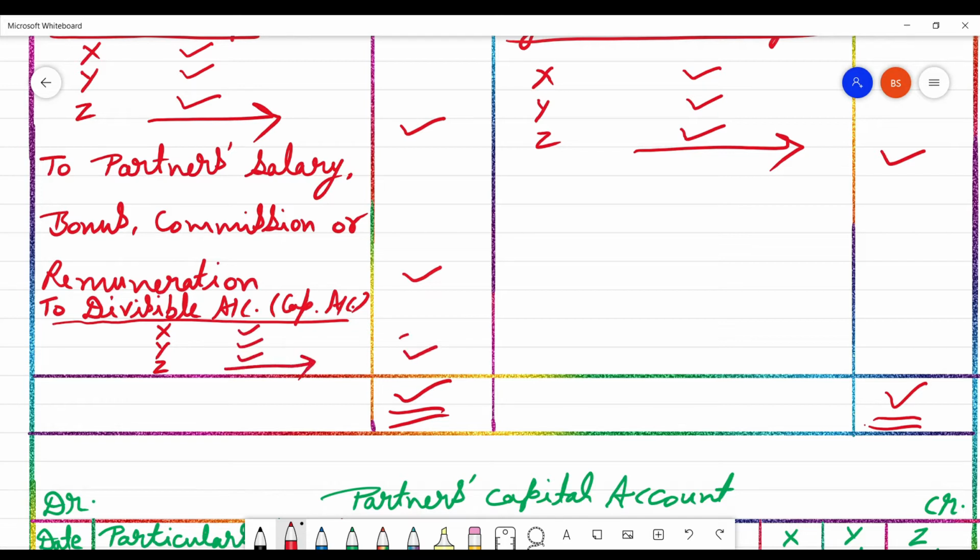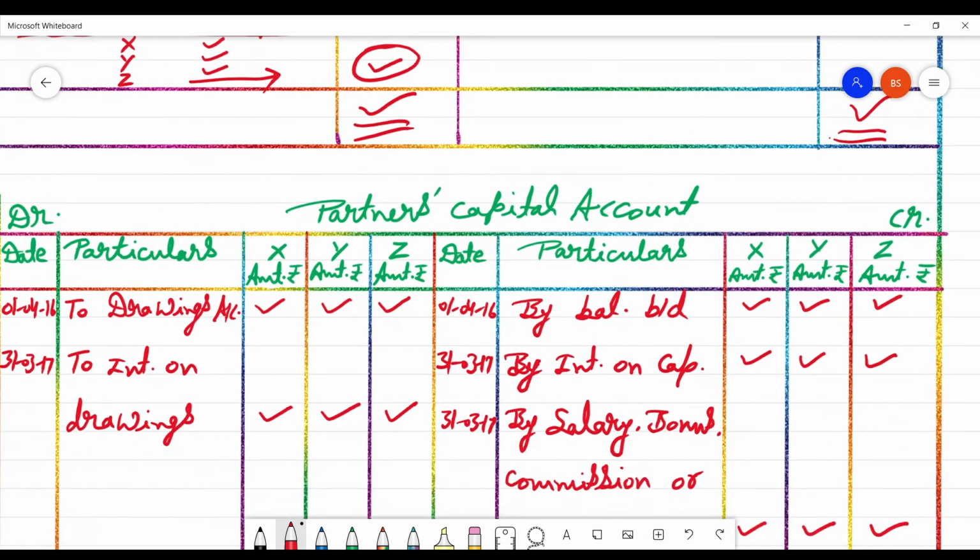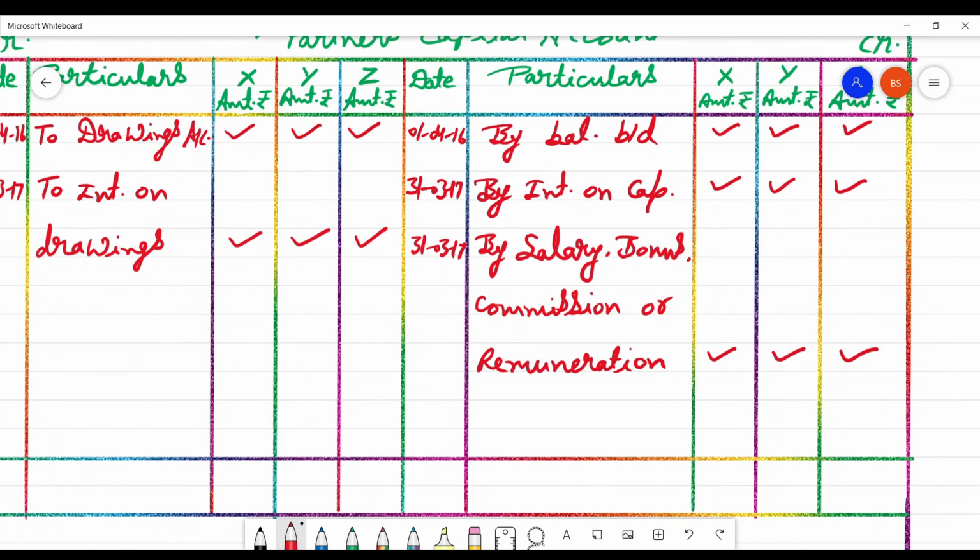If the P&L ratio is not given, we will distribute it in equal ratio. And the second entry will be recorded on the credit side of the partners' capital account on the last date, "By divisible profit".